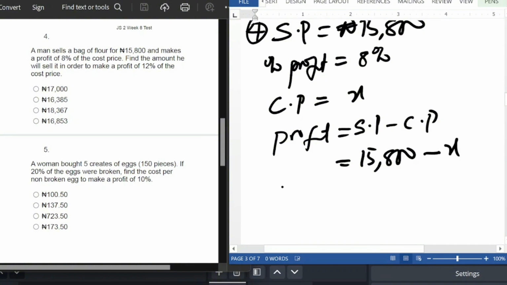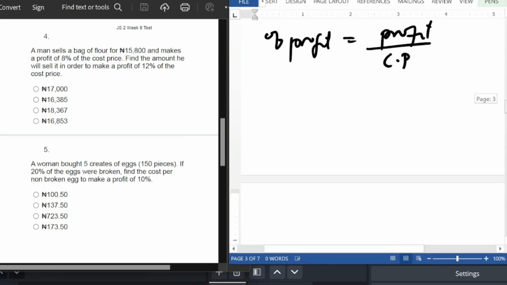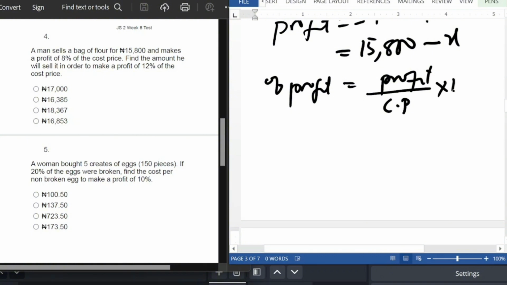Percentage profit is the profit divided by cost price, multiplied by 100%. So 8 over 100 equals the profit.